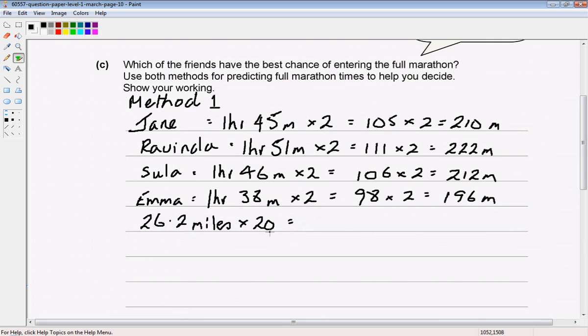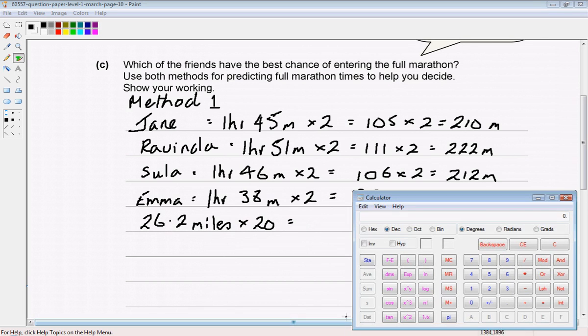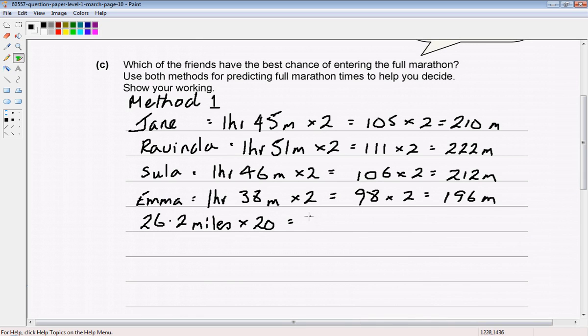Now this is miles, and we're going to have 20 seconds for each one. So if I use the calculator, 26.2 multiplied by 20 gives us 524. Now remember that that's seconds.